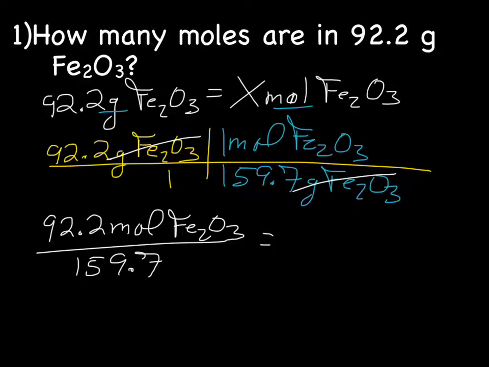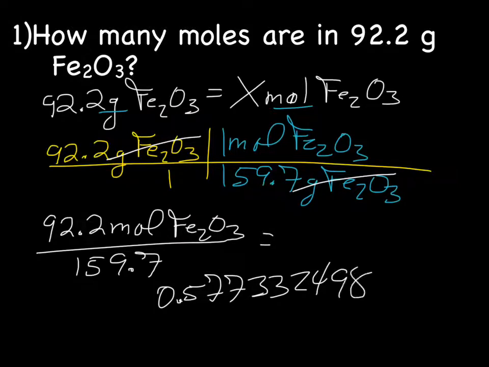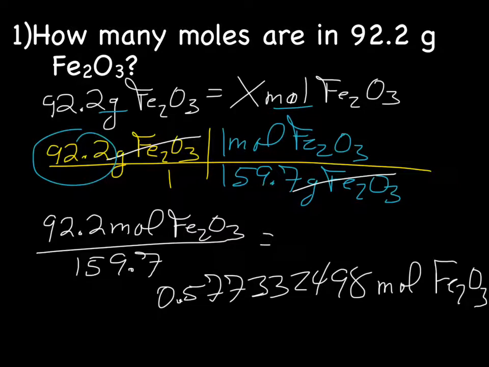And when we divide, I got 0.5777332498 mole Fe2O3. And sig figs. Let's see, we have 3 sig figs here and 4 sig figs here.